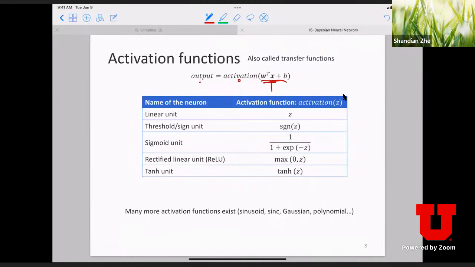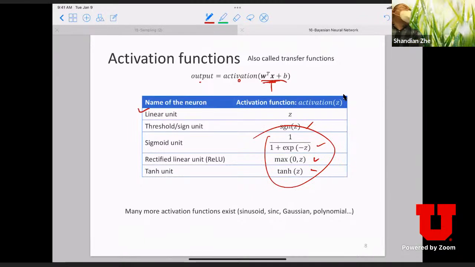So what are commonly used activation functions? This is the most naive one. It's called the linear unit, which basically means you don't do anything. Then there is the threshold unit, for example taking the sign of that, or you do sigmoid, tanh, or rectified linear unit.